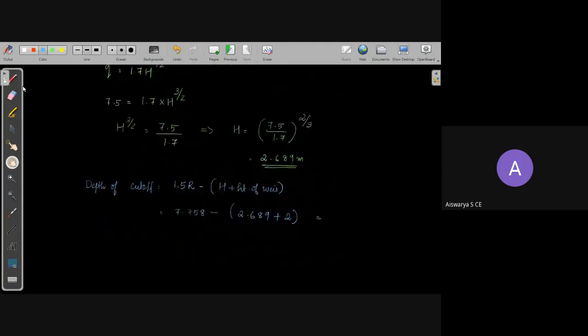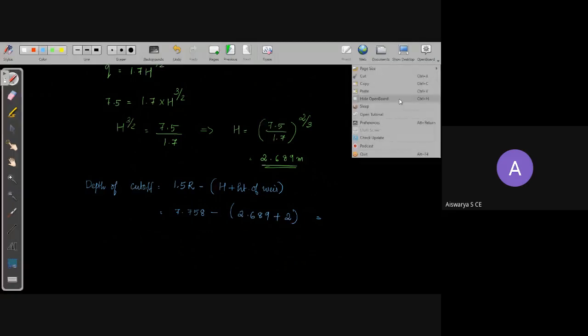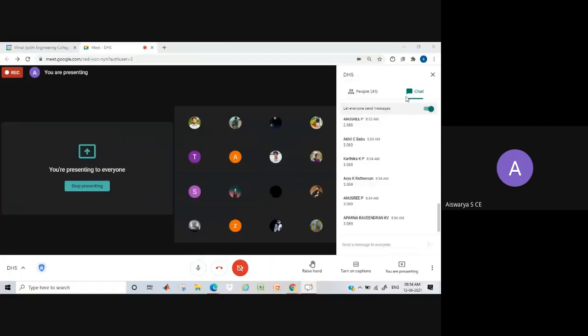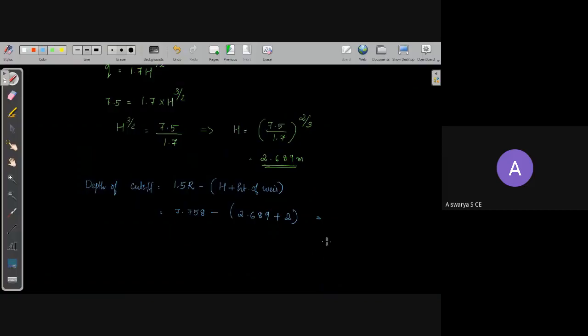We are arriving at the cutoff depth. What is the value? 3.069 meter.